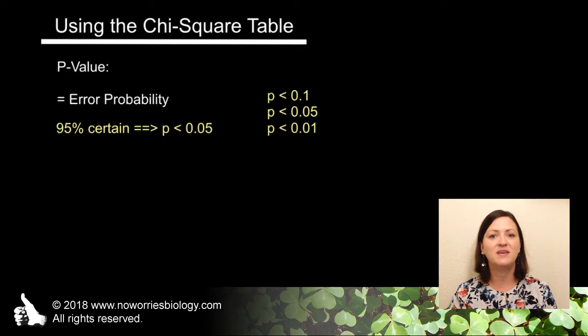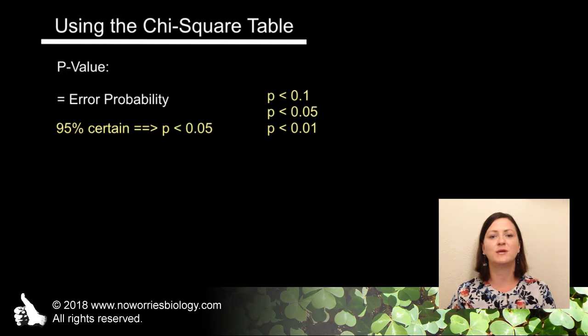In biology, a p-value of 0.05 is used most often. A p-value of 0.1 is often used in social sciences, and a p-value of 0.01 is used where it is necessary to work very, very accurately. We are going to work with a p-value of 0.05.